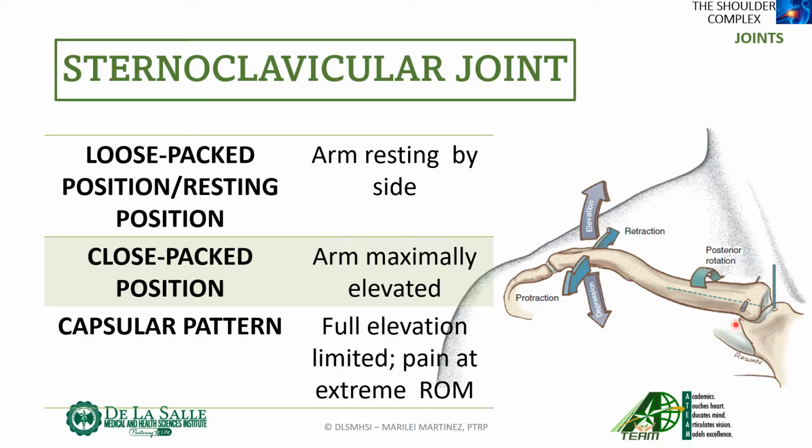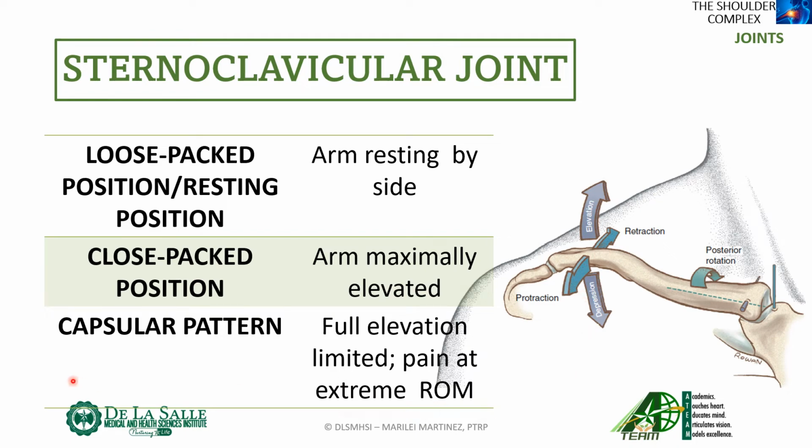That's why it's very hard to move the joint during the closed pack position, and it also cannot be separated by distractive forces. So this is the position of maximum stability. As physical therapy treatment, the closed pack position is used to stabilize the joint if the adjacent joint is being treated.